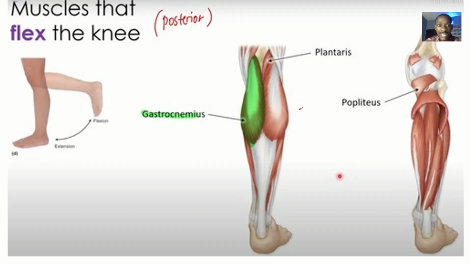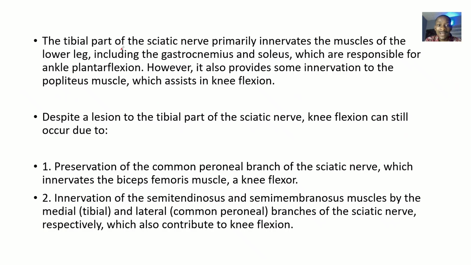So let's quickly look at it. You see muscles that flex the knee, and you guys already know what flexion is, right? This is flexion. We said that the tibial part of the sciatic nerve primarily innervates muscles of the lower leg, including the gastrocnemius and soleus, which are responsible for ankle plantar flexion.